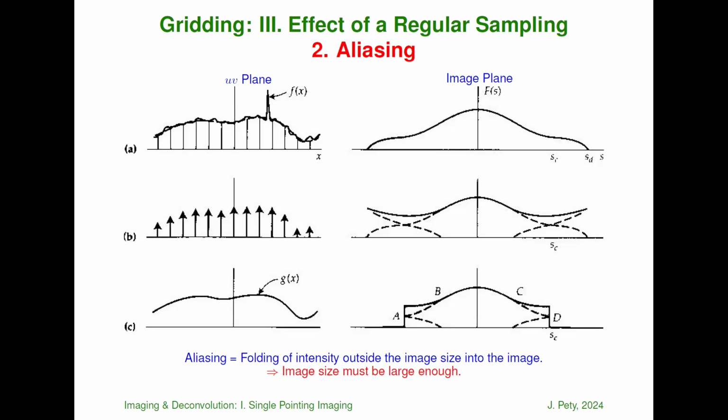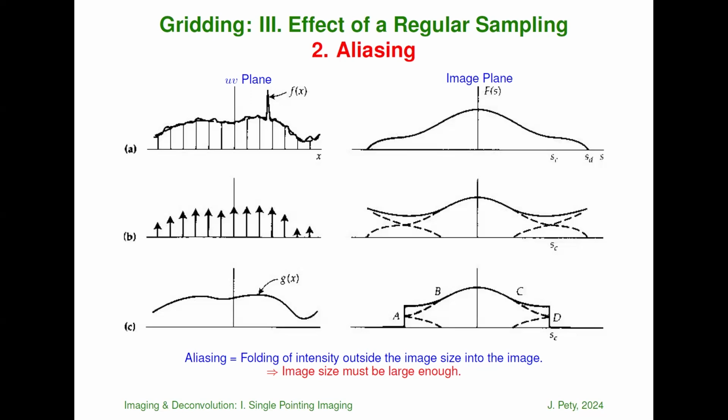So in fact, if you're thinking about it, regular undersampling is twice as bad as you would think. In general, when you think about undersampling, you're thinking that by cutting your image here, you will not get everything that is outside the image size.